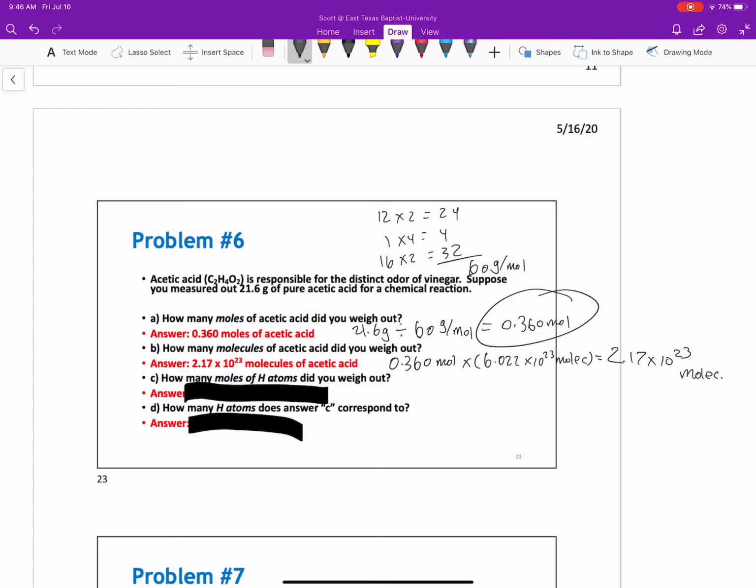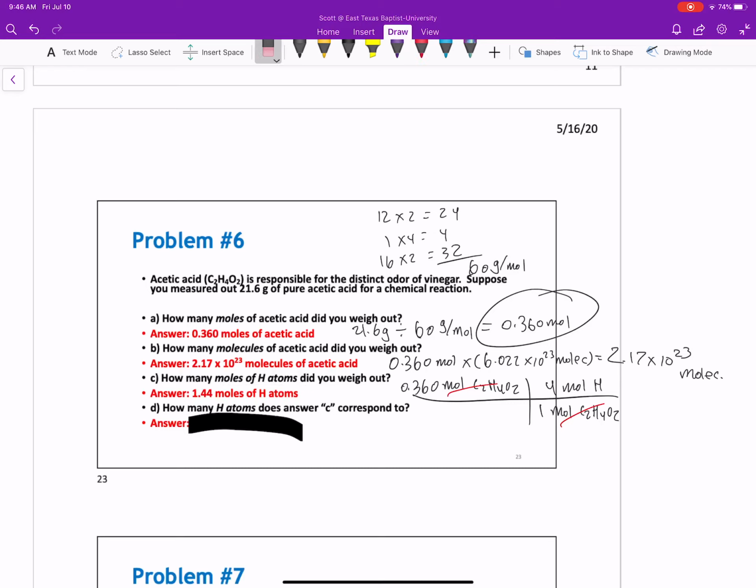So I'm going to do 0.360 moles of C2H4O2. For every 1 mole of acetic acid, there are 4 moles of hydrogen, and that'll cancel out units. You can't really use the diagram to solve for that. So 0.360 times 4 should give you 1.44.